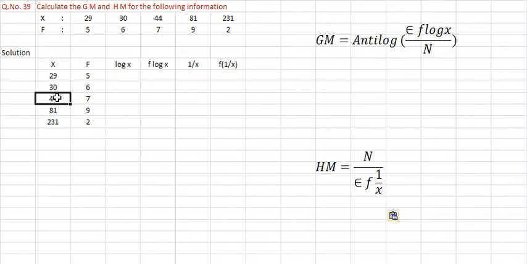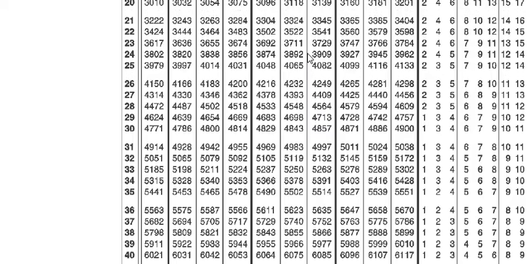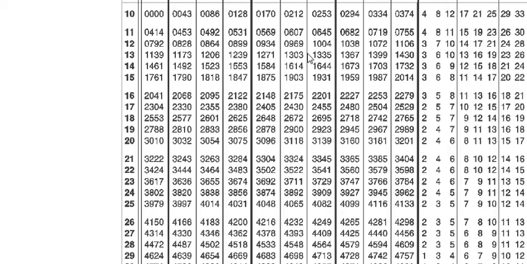Count the number of places. For 29, it is a 2-place number, so 2 places minus 1 gives 1. Then you need to check the log of 29 in the table. Log 29 is this one.